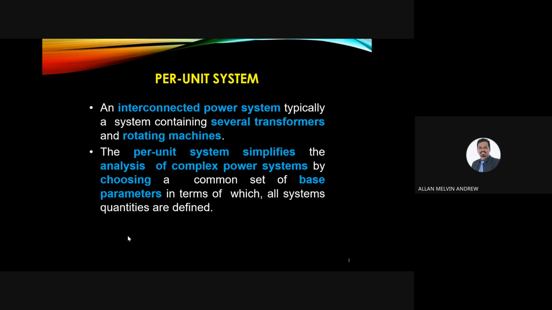So what we will do, we have a system called the per unit or PU system, which will be used to make the calculation simplified. Okay, so we will start with this subtopic, the per unit system.